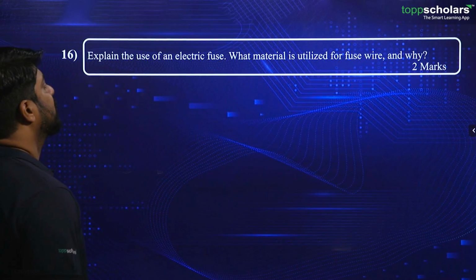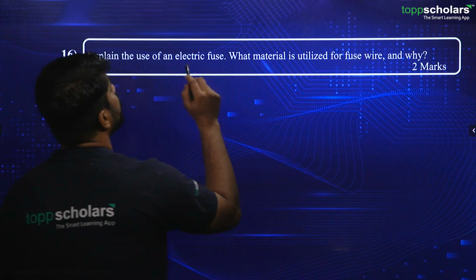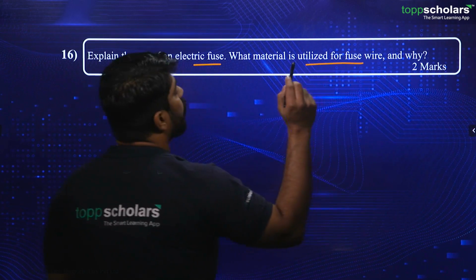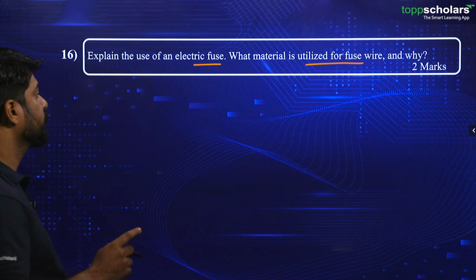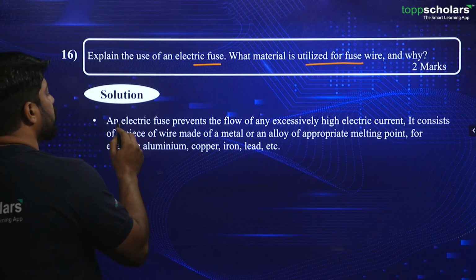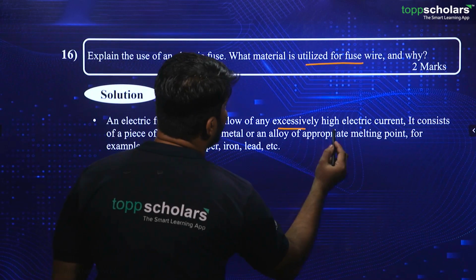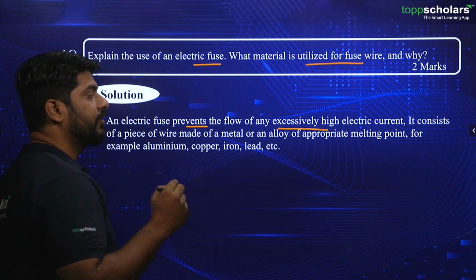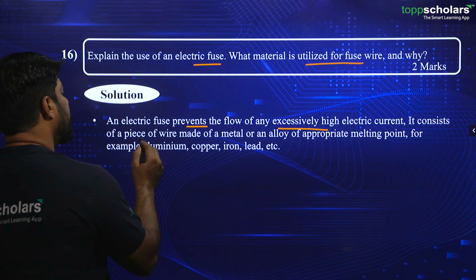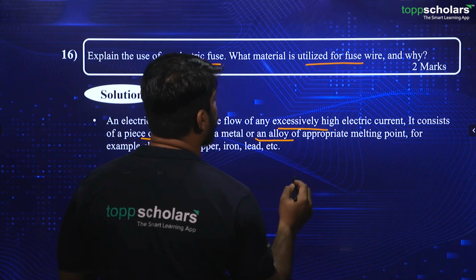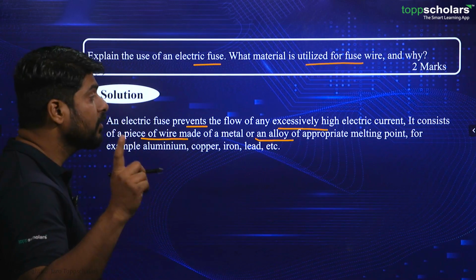Okay, next question is, explain the use of electric fuse. What material is utilized for fuse wire and why? Okay, so an electric fuse prevents the flow of any excessively high electric current. It consists of a piece of wire made of a metal or an alloy of appropriate melting point.